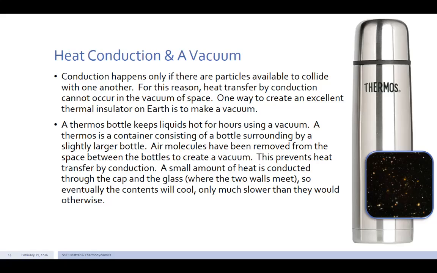And so that's really the only spot that you see a loss of heat. Because the air molecules have been removed between the spaces to create that vacuum, heat doesn't conduct. So you get a little bit where the cap is and where the mouthpiece is, but it cools or warms up much slower than it would otherwise.